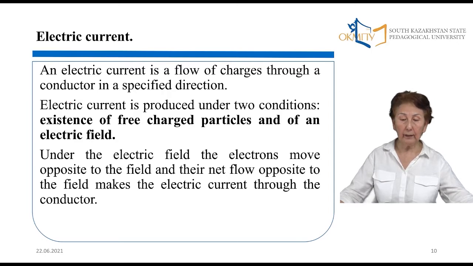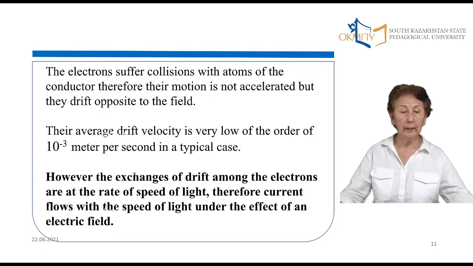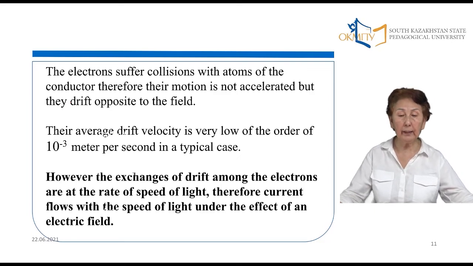Under the electric field, the electrons move opposite to the field, and the net flow opposite to the field makes the electric current through the conductor. The electrons suffer collisions with atoms of the conductor. Therefore, their motion is not accelerated, but they drift opposite to the field.